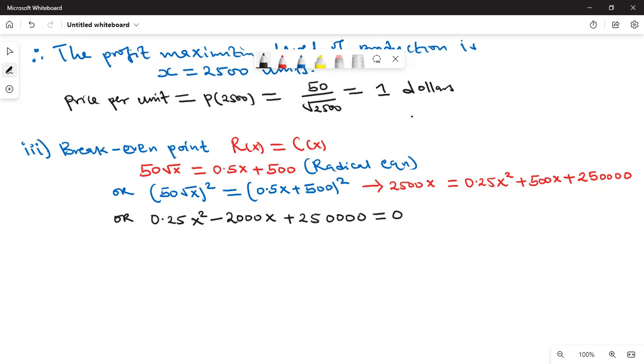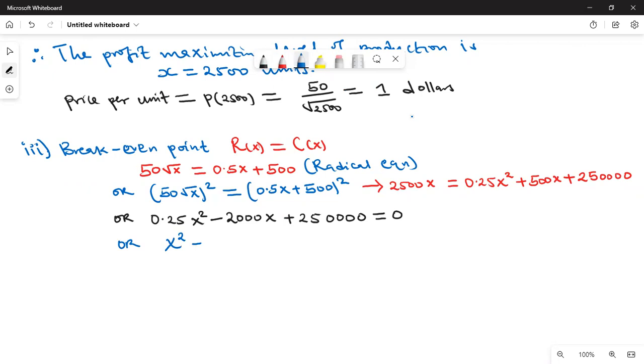This is a quadratic equation. So what I'm going to do here is to divide that equation through by 0.25. So we are going to get x squared minus, let's take 2000 divided by 0.25.